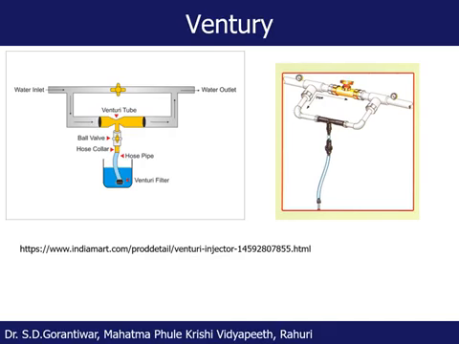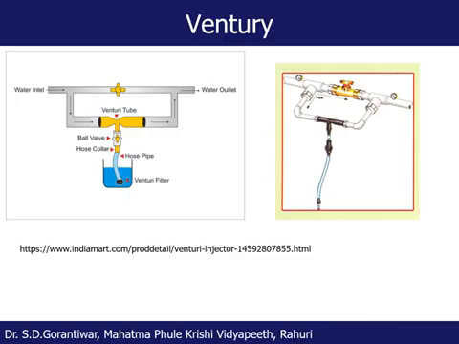The venturi is commonly used nowadays by farmers, though there are problems associated with uniform and constant injection rate. Again, I would like to explain: this is the main pipeline, and across it the venturi is fitted as a bypass arrangement, and there is a valve. When fertilizer is to be provided, this valve is partly closed, so that some of the water will be bypassed through the venturi here.